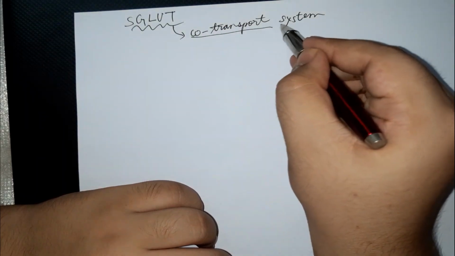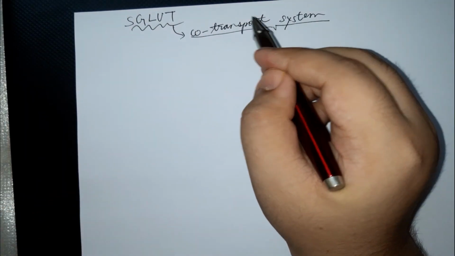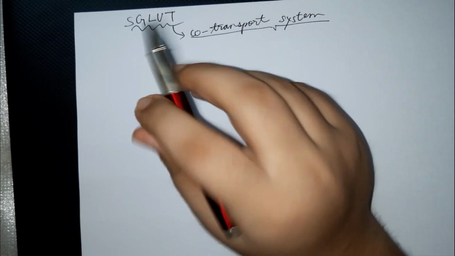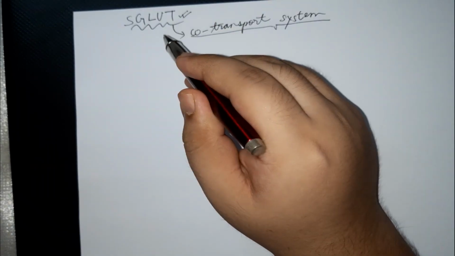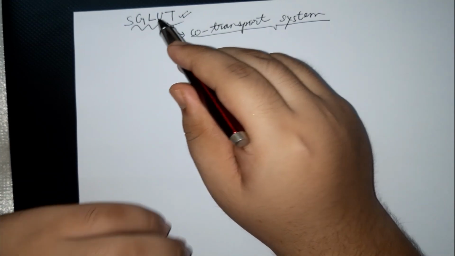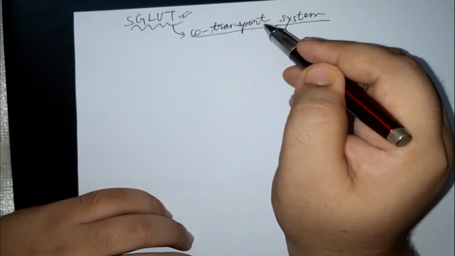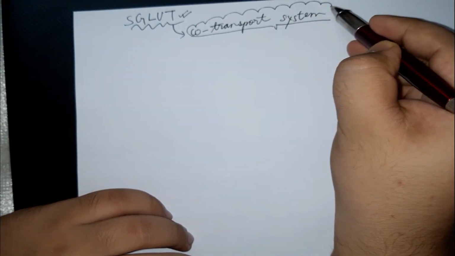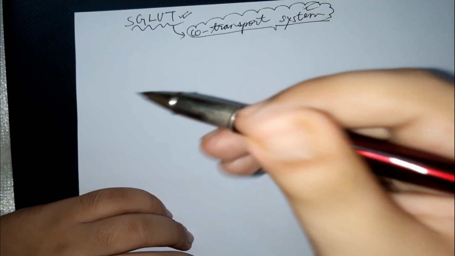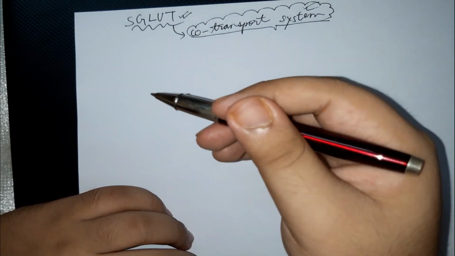Co-transport means there will be two things or two different substances which will be carried across by this specific transmembrane protein, and hence it's known as co-transport. We'll talk about the co-transport systems in details when we talk about the cell.